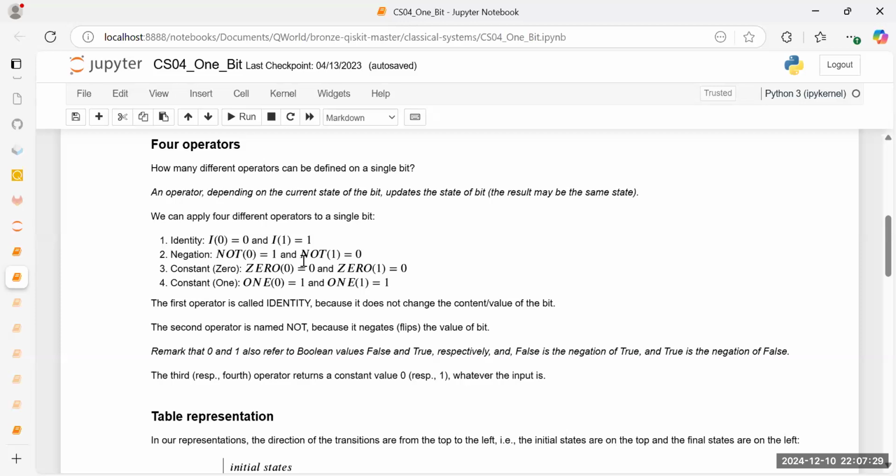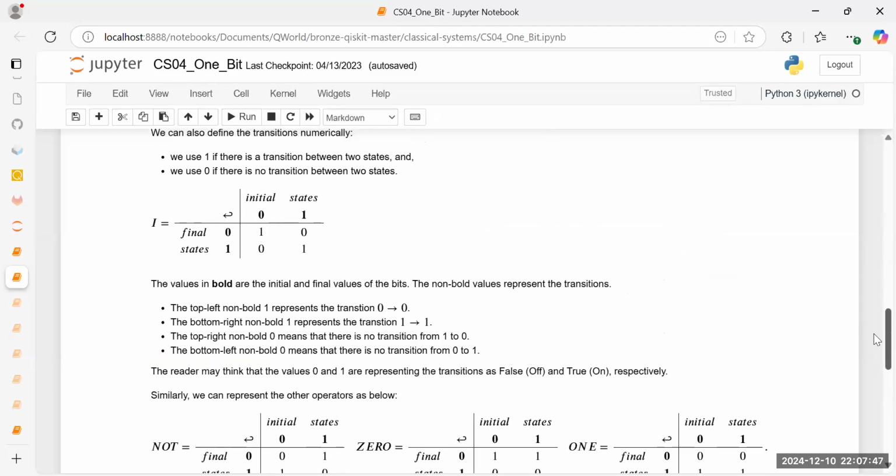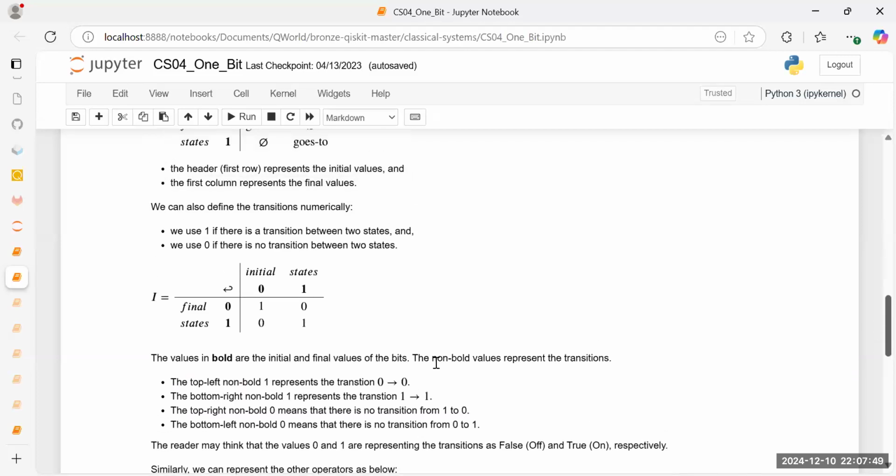Then for the 0 operator, regardless of the input you provide, it's always going to have 0 as its output. And similarly for the 1 operator, regardless of the input you provide, it's always going to have 1 as its output. So from there, we moved on to take a look at the transition tables.